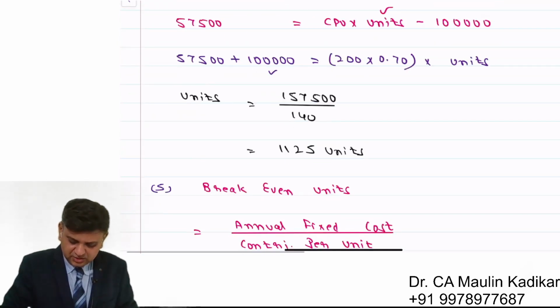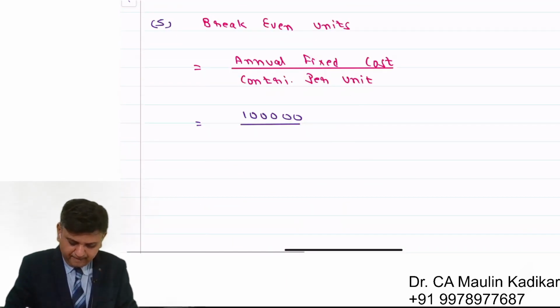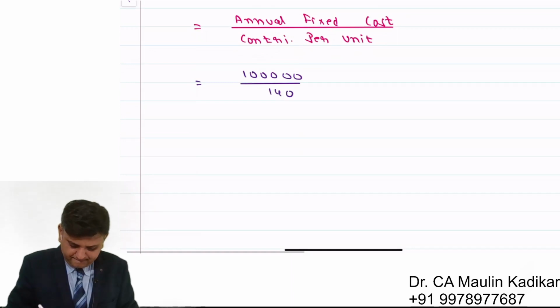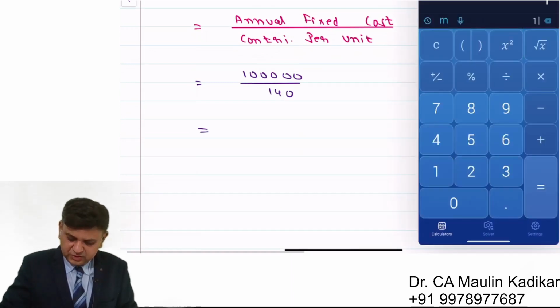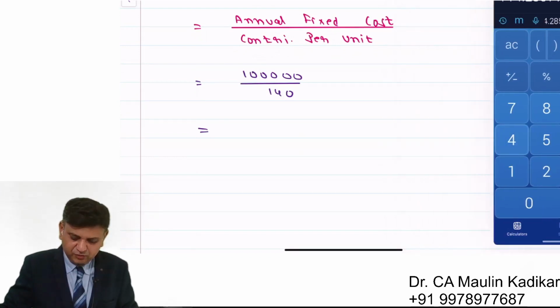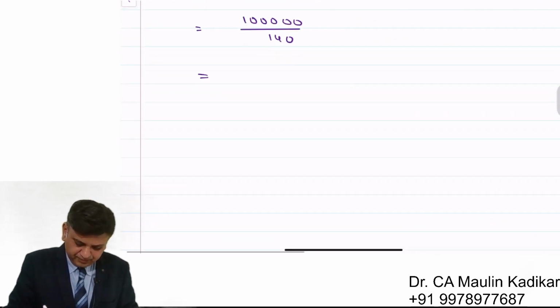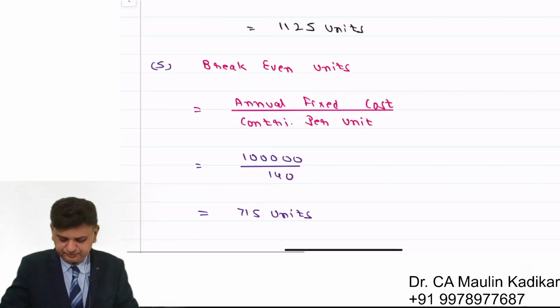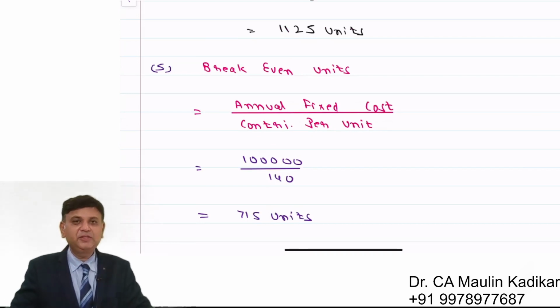Contribution per unit is 140. So we have break-even units as 714.28. That is 715 units. That is the way the break-even units can be found.